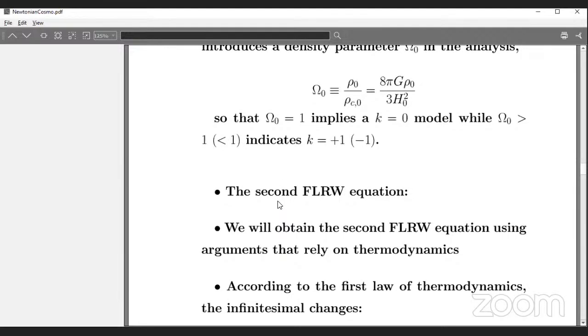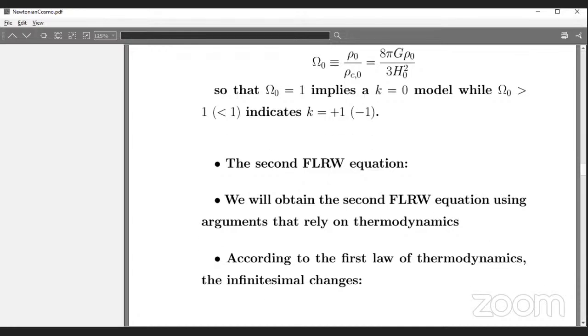But the surprise is, although we are using a Newtonian cosmological model, the equations are exactly the same as one obtains from relativistic cosmology. We will have recourse to thermodynamics to get a hang of the second FLRW equation.